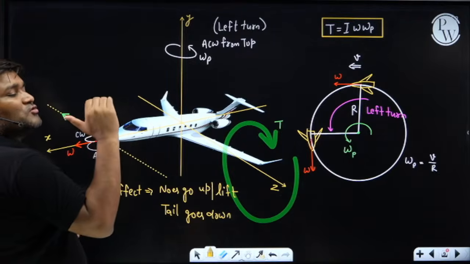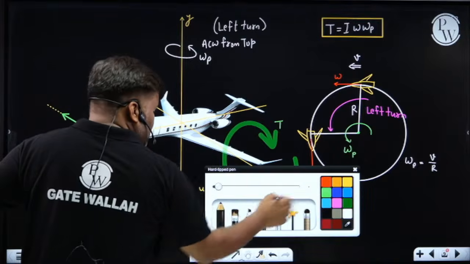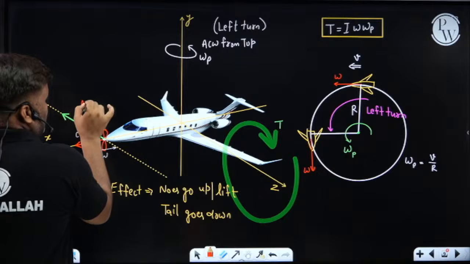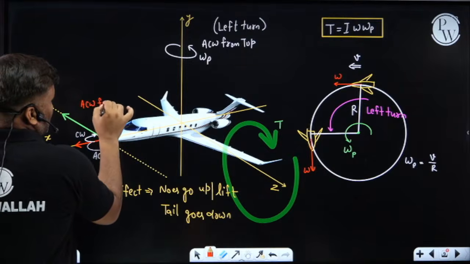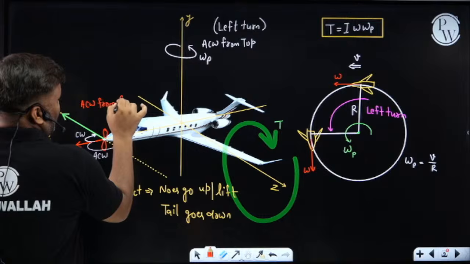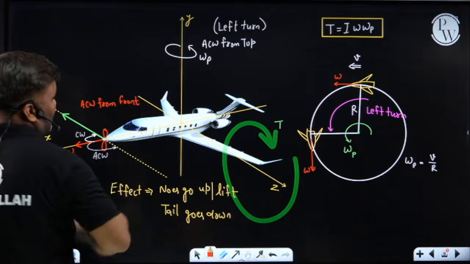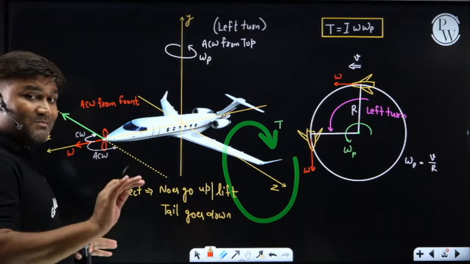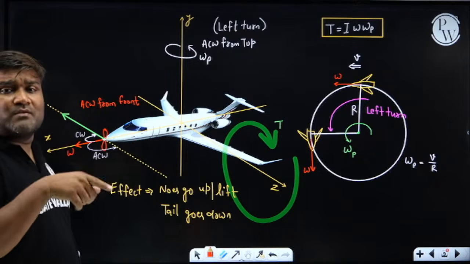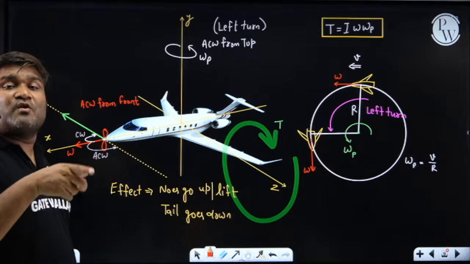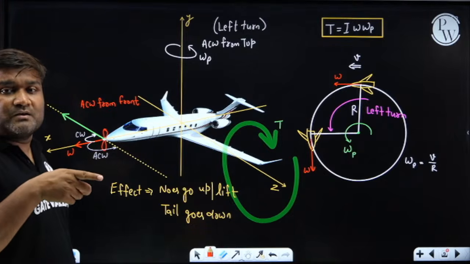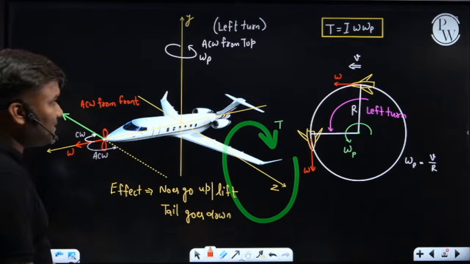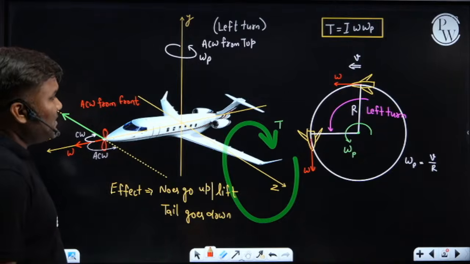From the front, the rotor was rotating in anti-clockwise direction. So this rotor is anti-clockwise from the front side. If I'm looking from the front, this omega vector is anti-clockwise. If the examiner says I have a rotor which rotates in clockwise direction as seen from the front, everything changes. Is this clear? Okay.